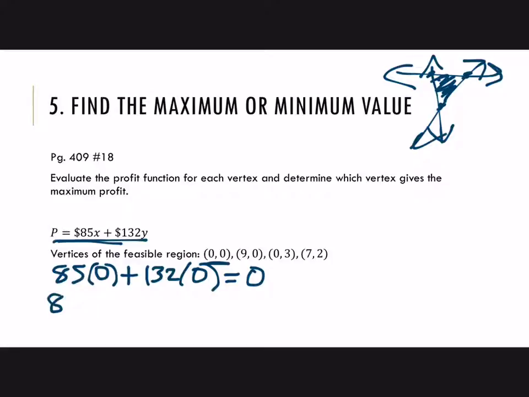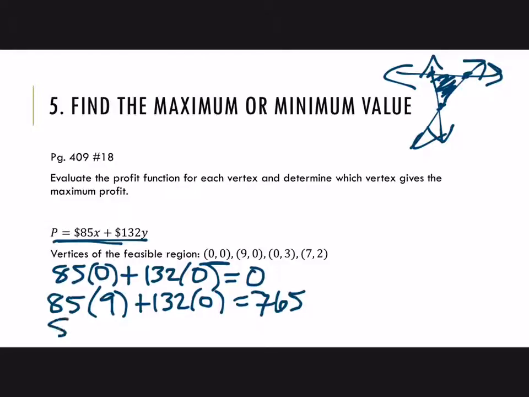9, 0. So I would substitute in 9 for x and 0 for y, and then I would have 85 times 9 is 765. That's the profit that goes with that vertex. Okay, and then do the same thing for the other two.